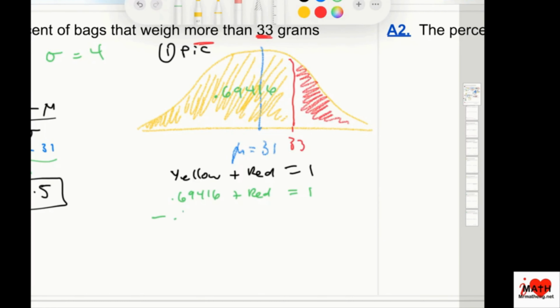And I'm just going to subtract that from both sides. And I will get the red region is equal to 0.3085.